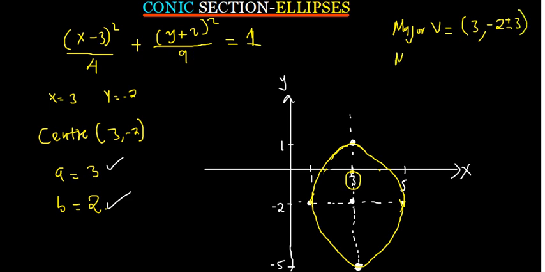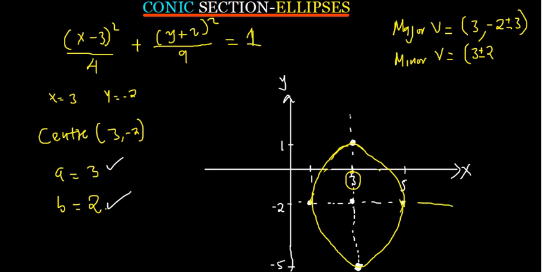And then the minor vertices, we always get first the x value. Okay. Now, to the x value, we can see we are moving, going this direction and this direction. So I've got the x value of the center, which is the 3. We are adding and subtracting the value that we got when we square rooted 4. So we're adding and subtracting a 2.